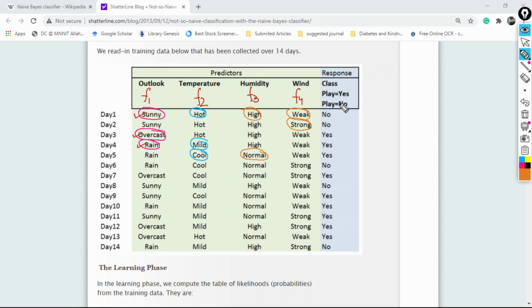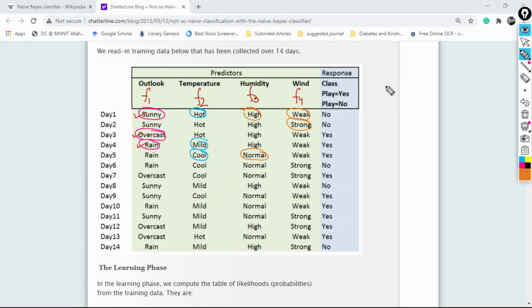According to the environmental situations, that is outlook, temperature, humidity and wind, we have to predict whether to play or not.